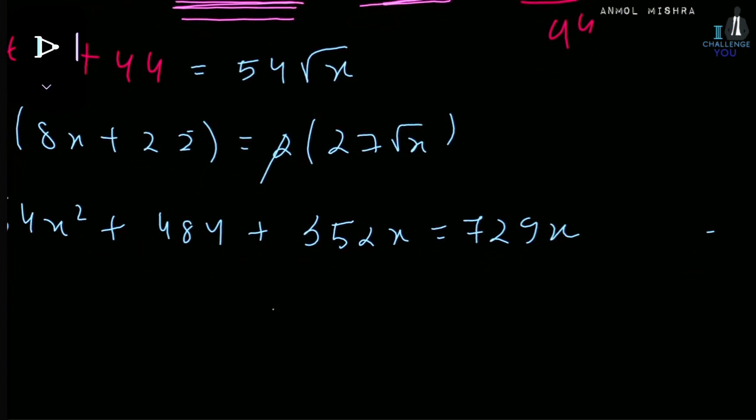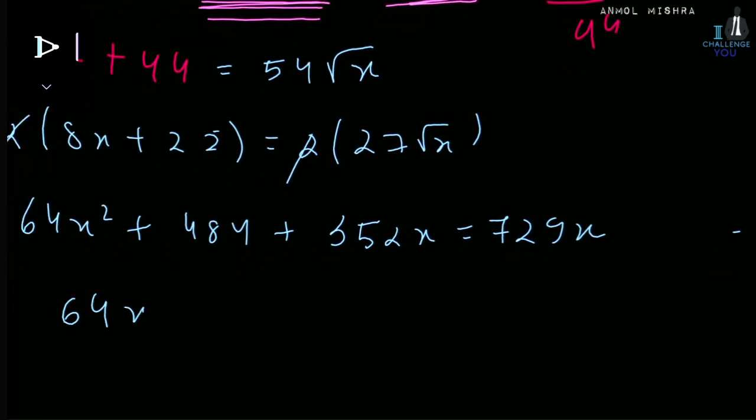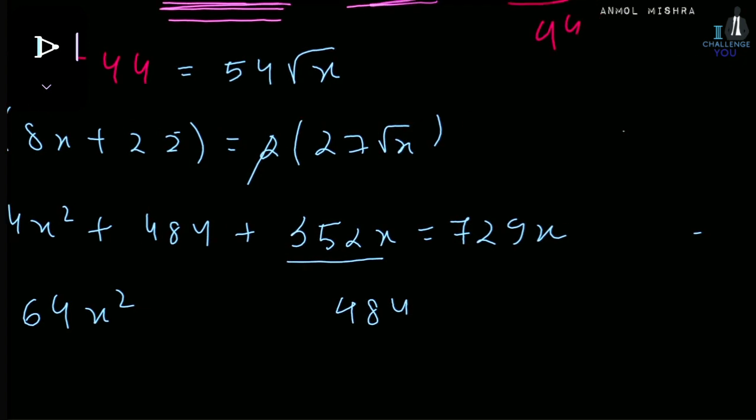Now 64x squared as it is, 484 as it is, and 352x minus 729x.